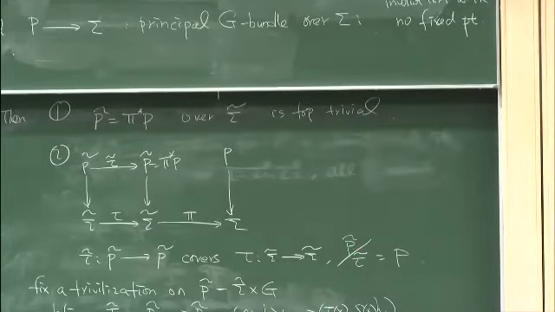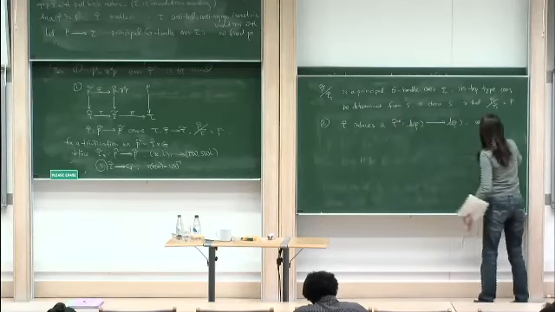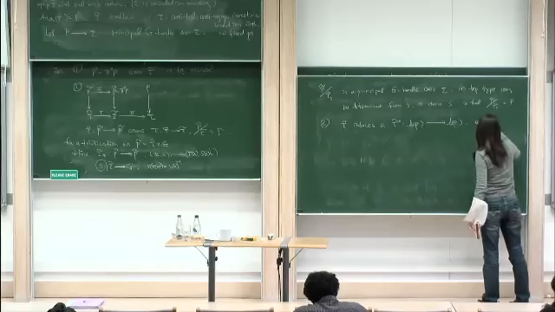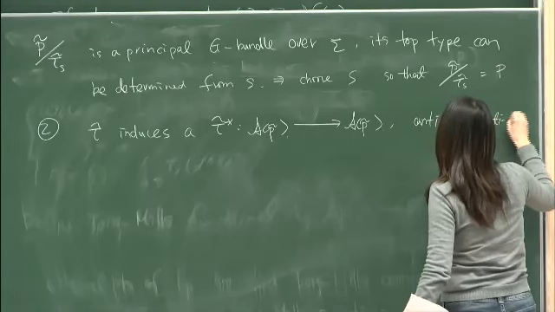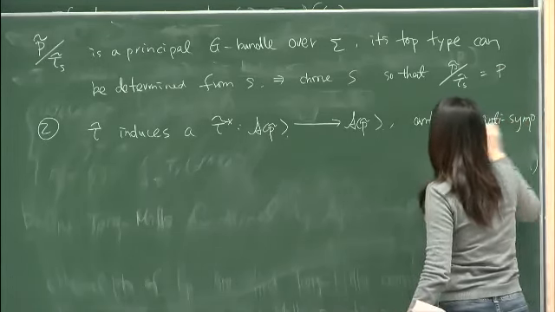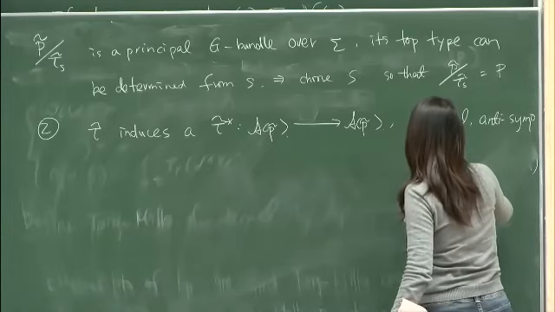And so this is also Kähler. We know that this tau tilde star is also an anti-holomorphic, anti-symplectic, isometric involution.